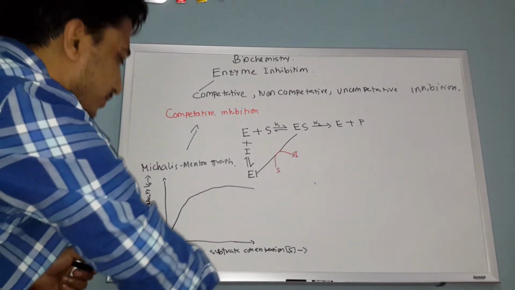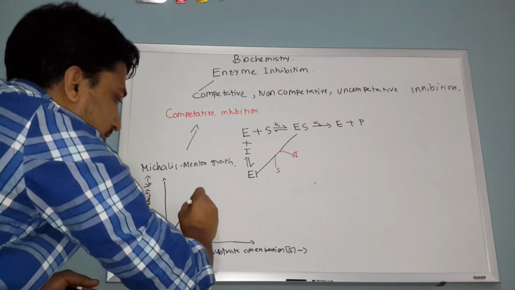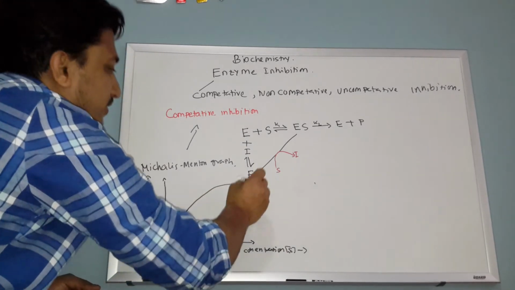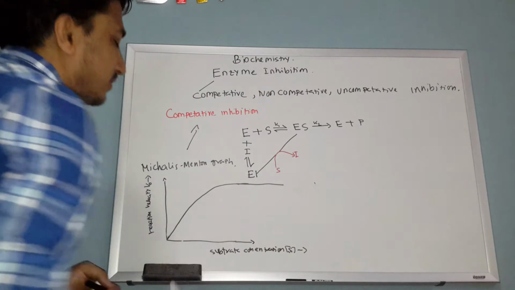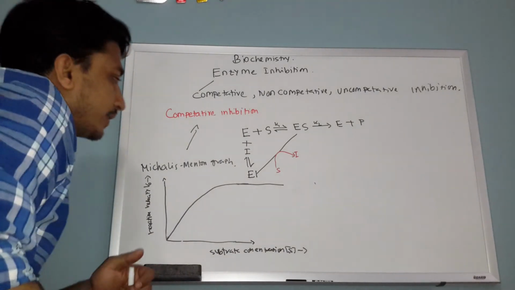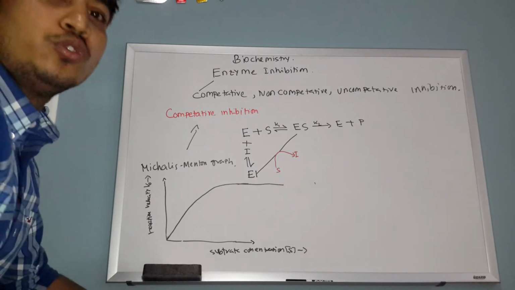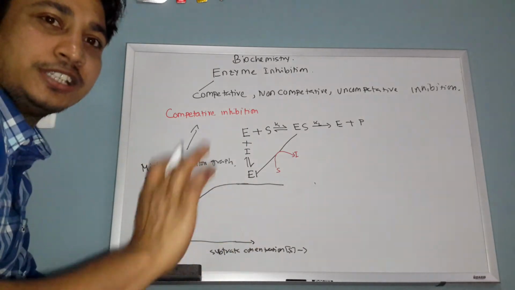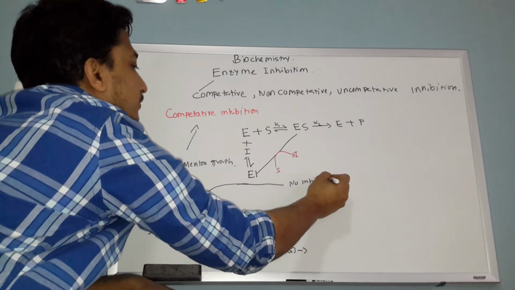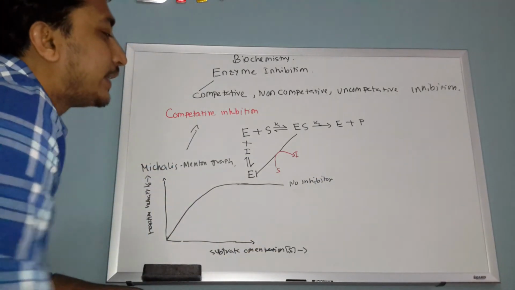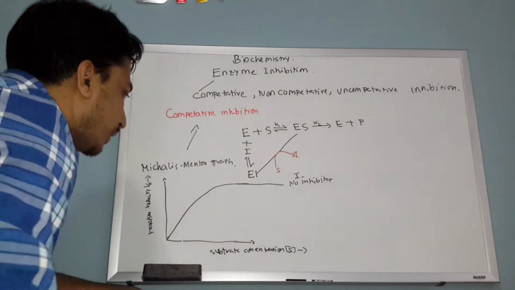I'm not good at drawing, but I'm trying to explain to you. It is going to be something like this. Think this one is no inhibitor. No inhibitor means it binds with substrate. It's a regular one. You can also give this one as I minus. I minus means no inhibitor.